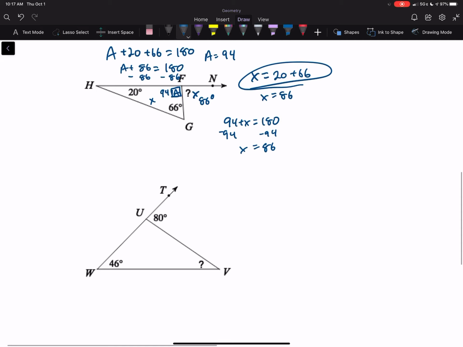All right, so let's try it on this other example. Now this time, this is the exterior angle. So the exterior angle is equal to the sum of remote interior angles.